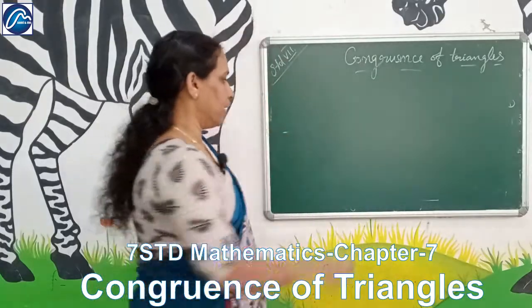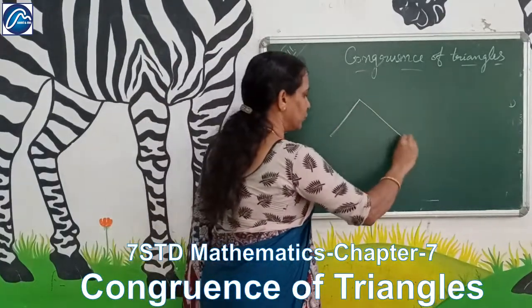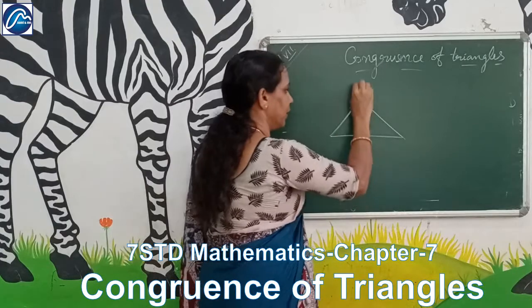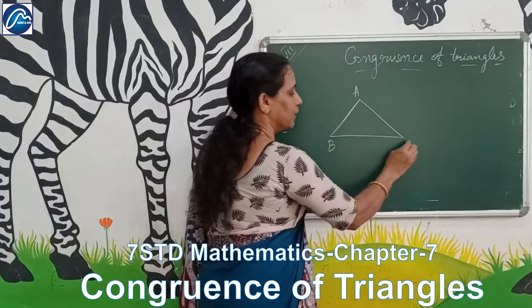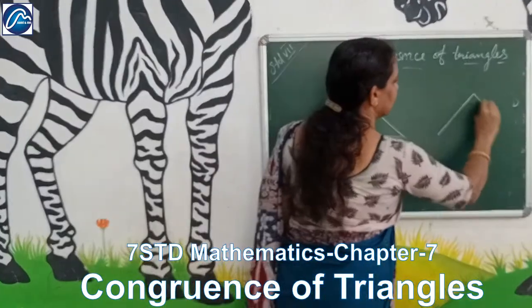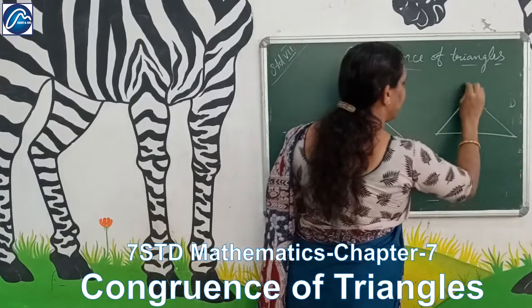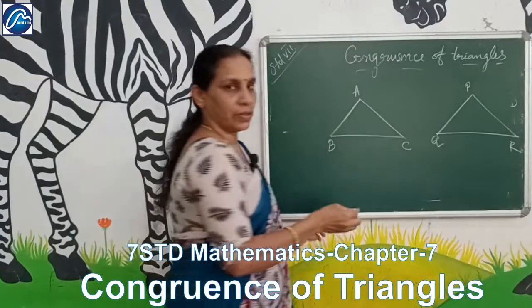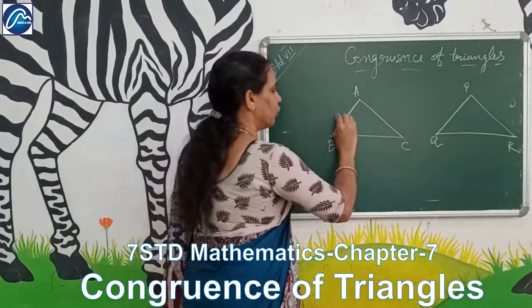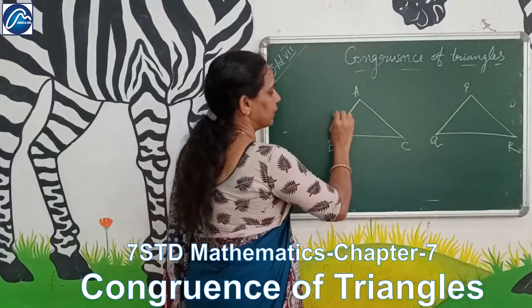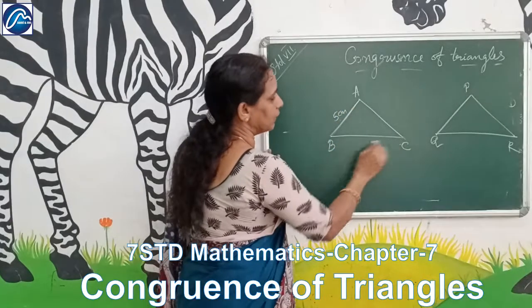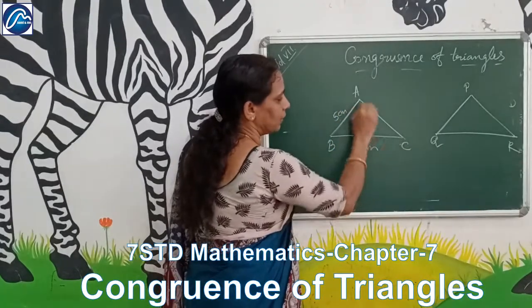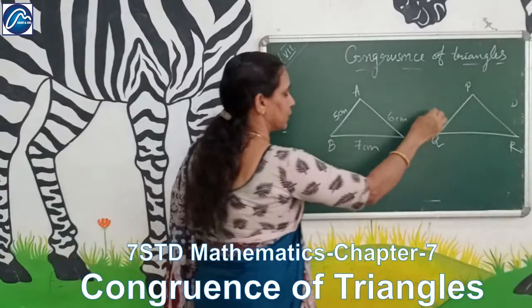I drew these two triangles here, A, B, C and P, Q, R. AB is equal to 5 cm, BC is equal to 7 cm, AC is equal to 6 cm.